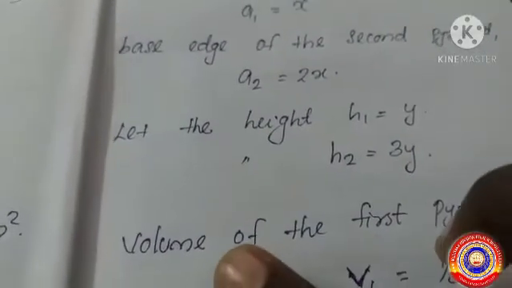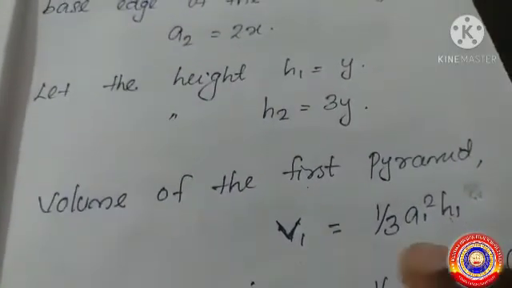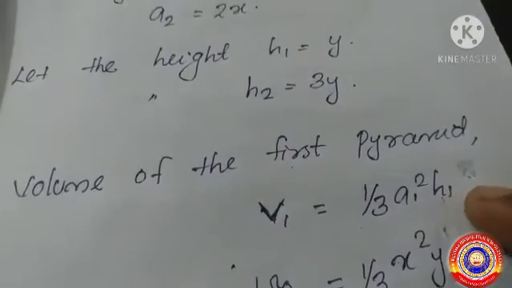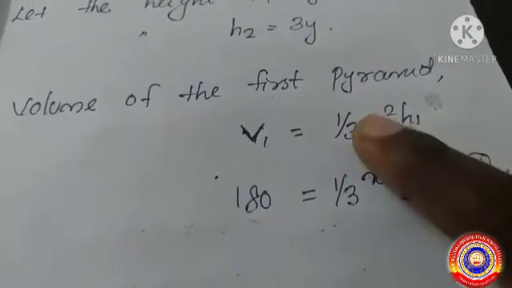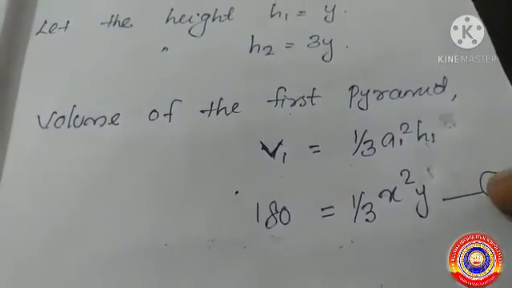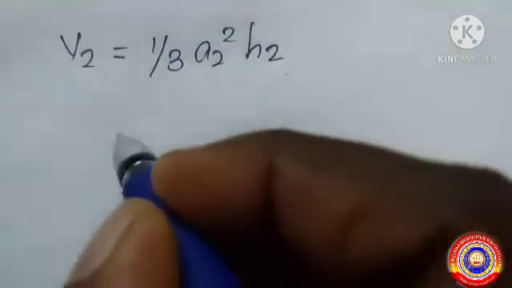Volume of the first pyramid V1 equals 1 by 3 A1 square H1. V1 equals 180 cubic centimeter. So we can write 180 equals 1 by 3 A1 is x square into H1, H1 is y. This is equation number 1.